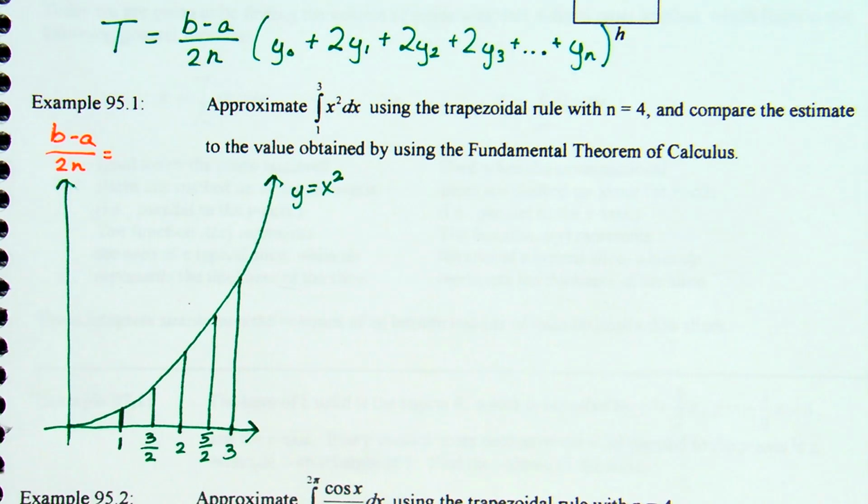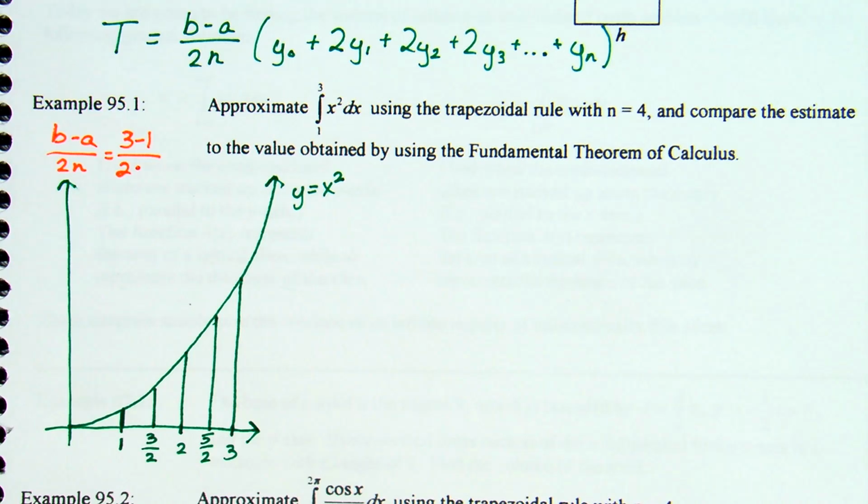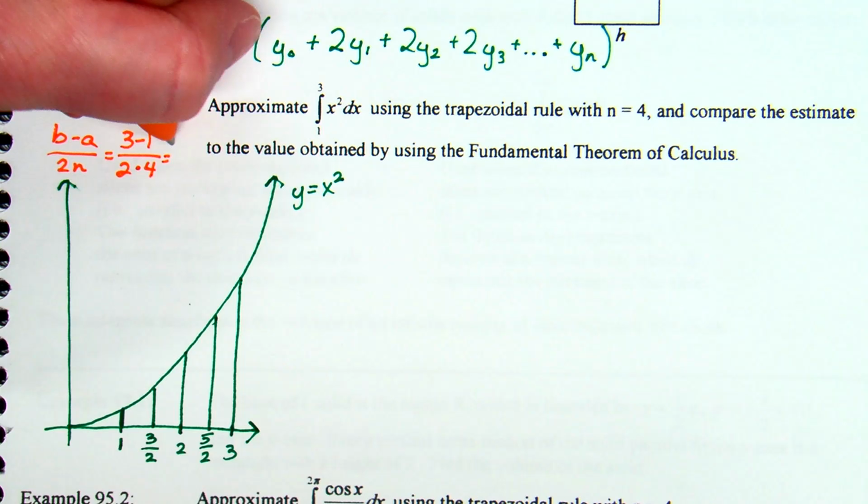What are b and a? 3 and 1. So if we say 3 minus 1 over 2 times n, the number of intervals, which was told to be 4. Well, 3 minus 1 is 2, 2 times 4 is 8.